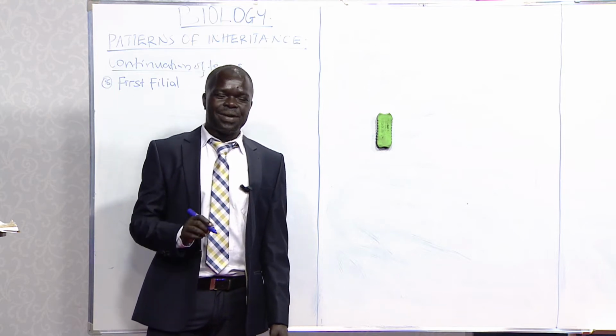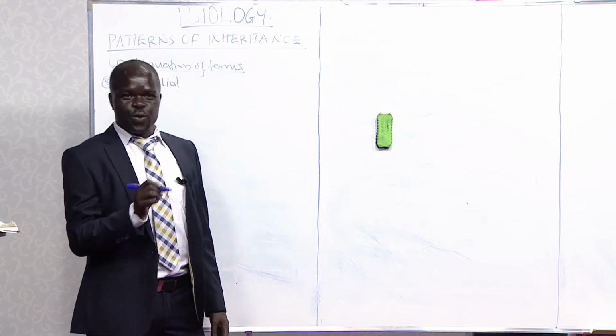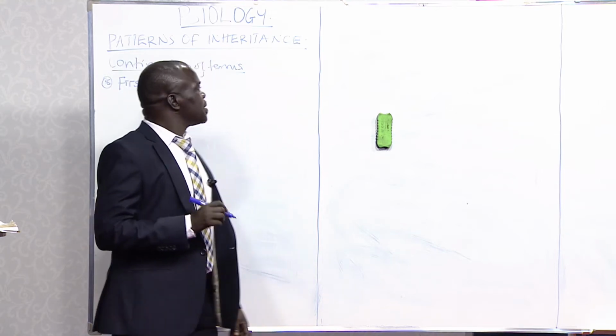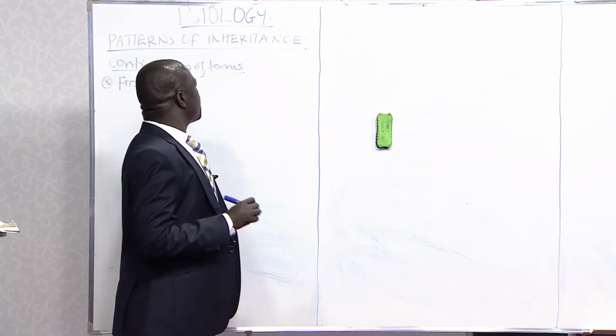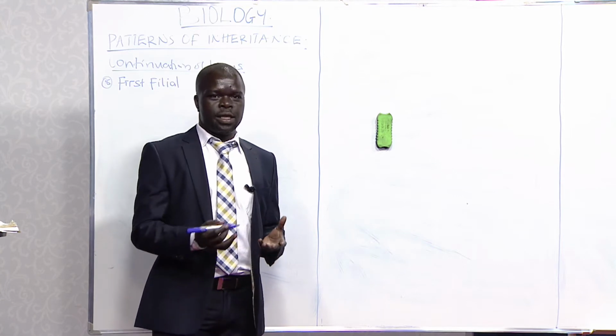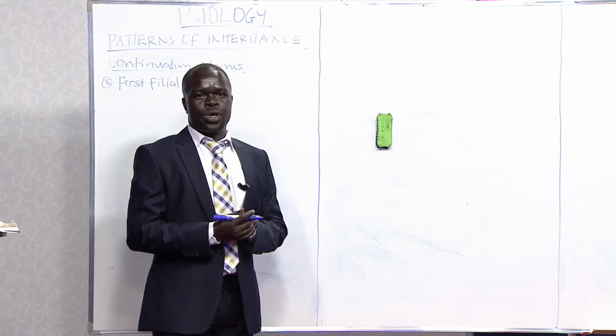This is Teacher Michael going through biology, Senior 4, with you, my dear students. We were looking at patterns of inheritance and we were supposed to define the terms that we shall meet in this subtopic.